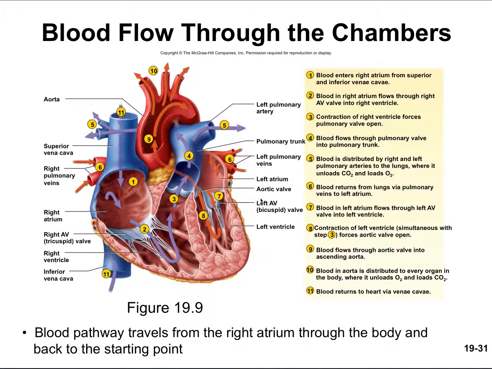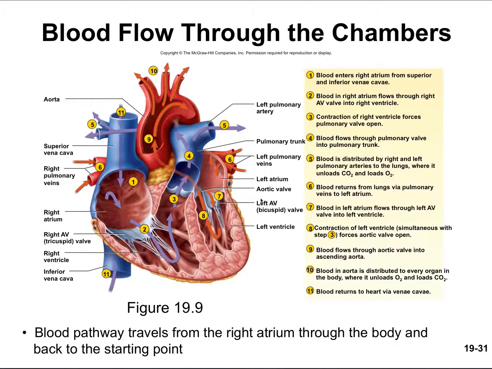The blood is then distributed by the right and left pulmonary arteries to the lungs, where it unloads CO2 and loads O2. Then the blood enters the pulmonary veins to return to the left atrium. From the left atrium, it flows through the left AV valve, or bicuspid valve, into the left ventricle.